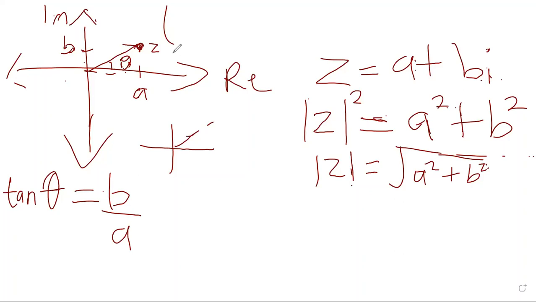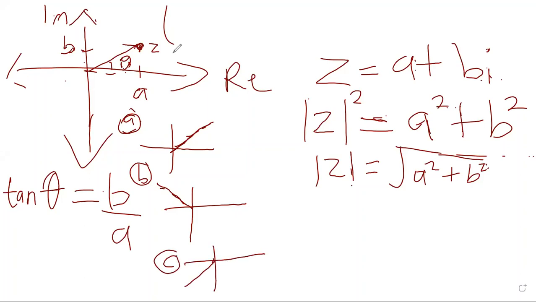So you have this situation, so I'll call it situation A. And then we have situation B. Then we have situation C. And then we have situation D. I hope you get this. We have situation A, B, C, D.